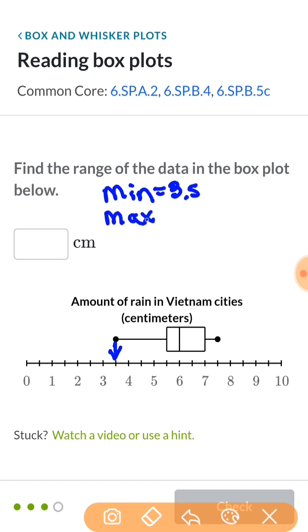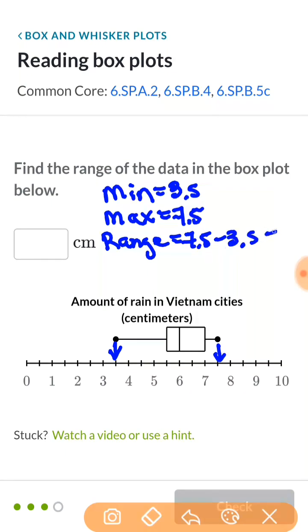My maximum is 7.5. So my range is going to be the maximum minus the minimum. So 7.5 minus 3.5, which is 4. So I've already answered my question.